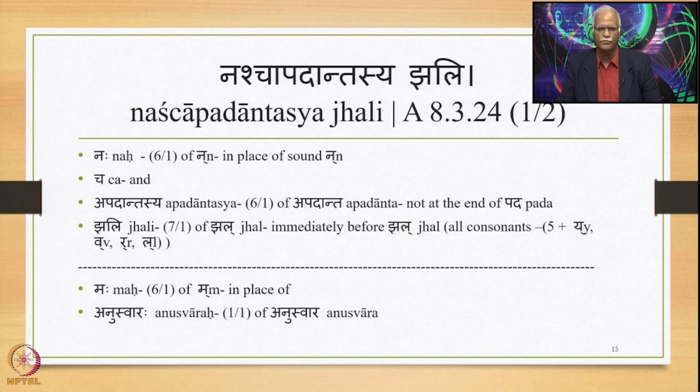So when they follow na, the words continued are maha from the previous sutra. Maha is 6/1 of ma, that is in place of, and anuswaraha is 1/1 of anuswara.